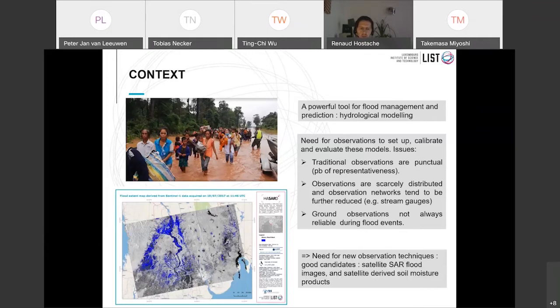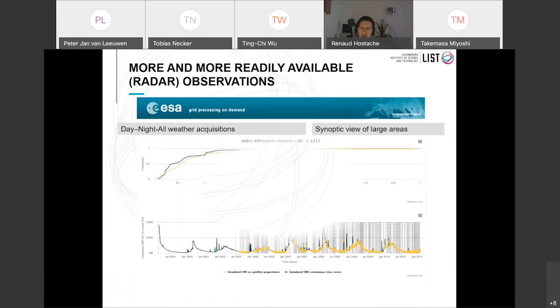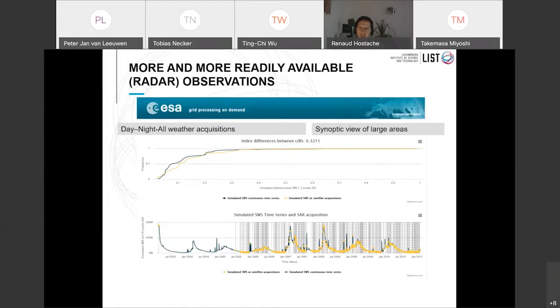We see two candidates as examples: satellite SAR flood images and satellite-derived soil moisture products. One of the main strengths of SAR sensors is that they can acquire good, accurate images day and night and in almost all weather conditions.